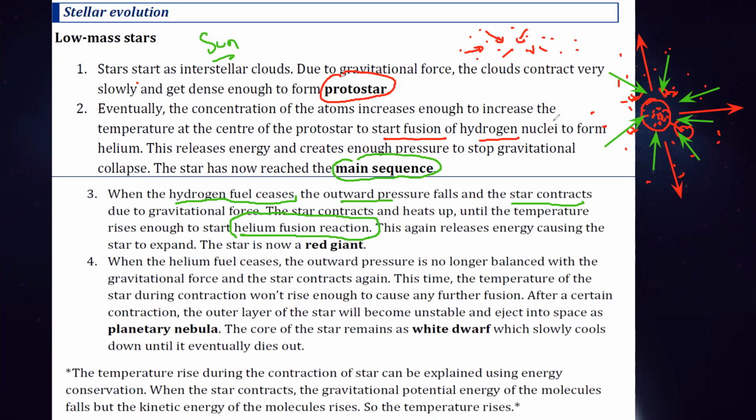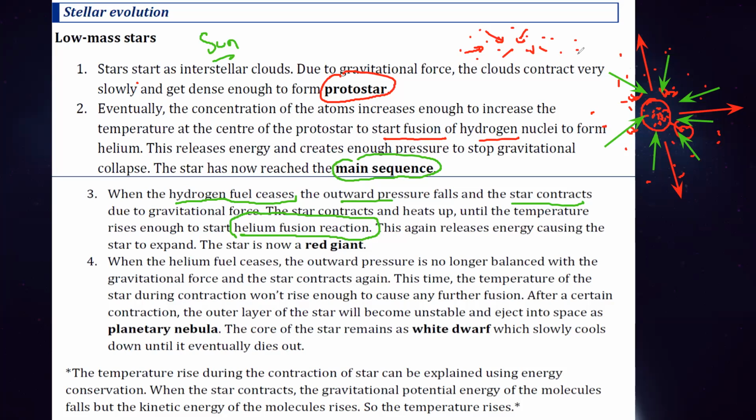So first it was a protostar, then it became a main sequence star, and then when hydrogen fusion slows down, the radiation pressure decreases, so gravity is stronger. It reduces the size of the core. As the core shrinks, the temperature increases, and that temperature is enough to undergo helium fusion.